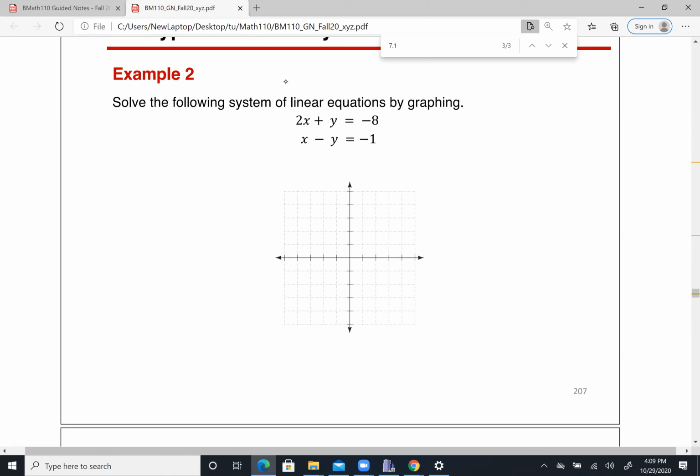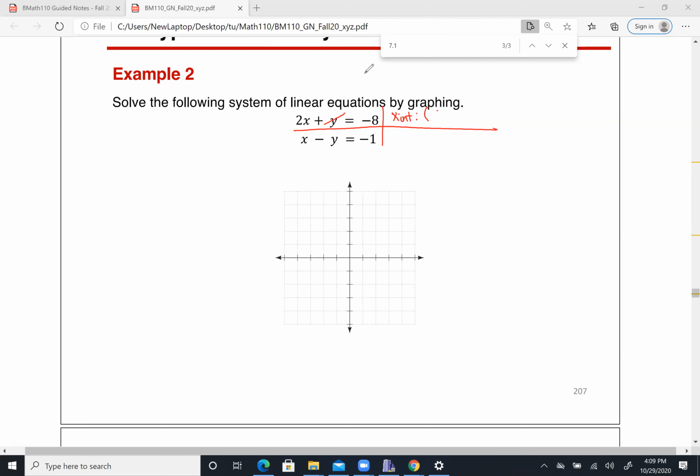So graphing this one again, you have to find the x-intercept and y-intercept for each equation. First one, so you say x-intercept. What is it gonna be? Sorry, x-intercept makes y equal 0.